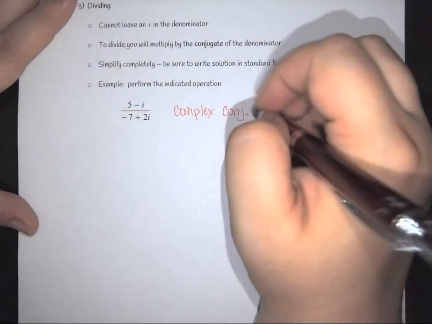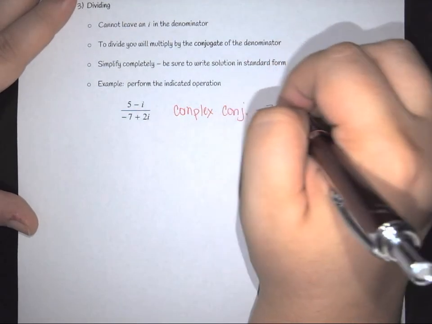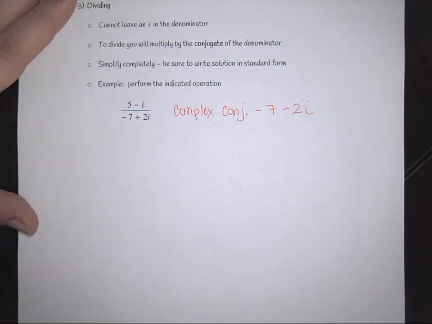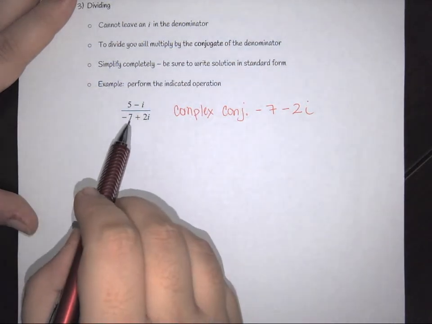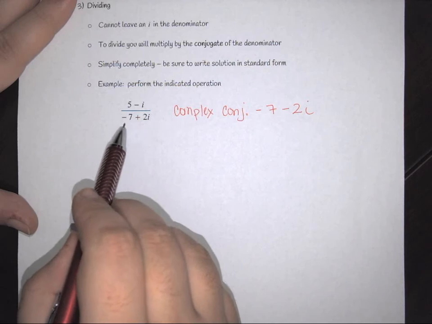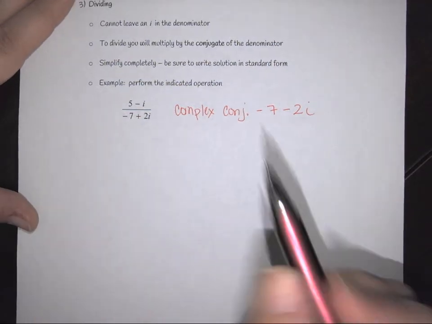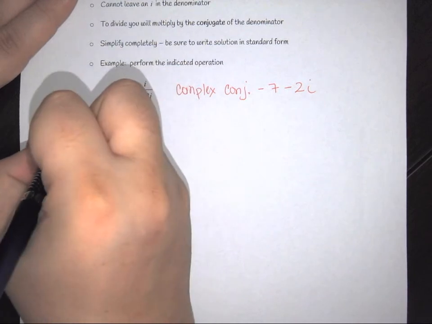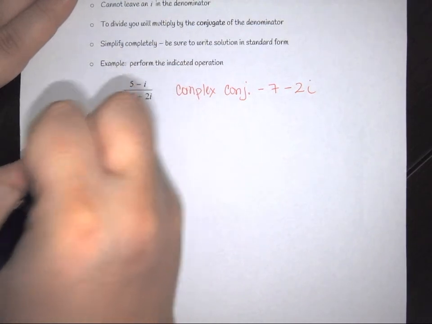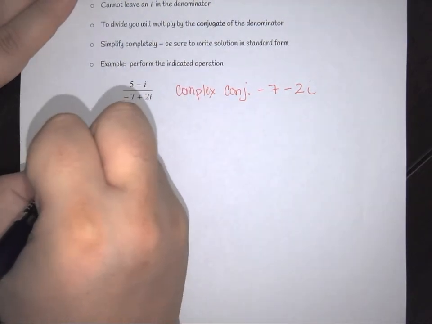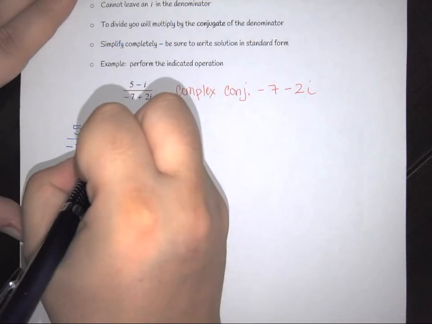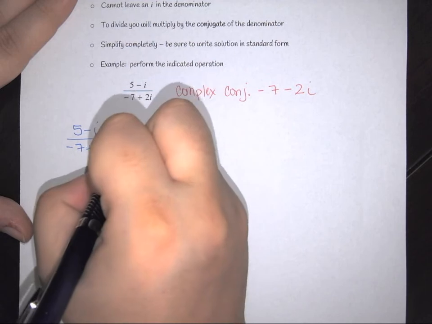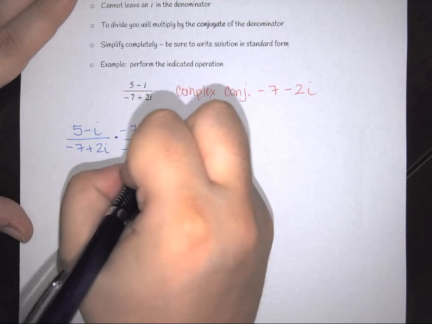In this case, the complex conjugate would be negative 7 minus 2i. It's using the denominator and the opposite sign, and the only sign that changes is the operation, not the sign of the terms. So here I have to take what I've been given, so 5 minus i over negative 7 plus 2i, and I have to multiply the top, negative 7 minus 2i, and the bottom, negative 7 minus 2i.